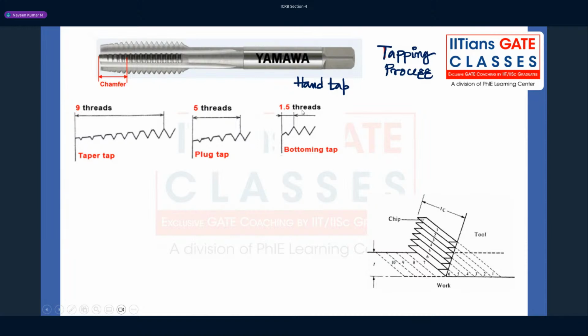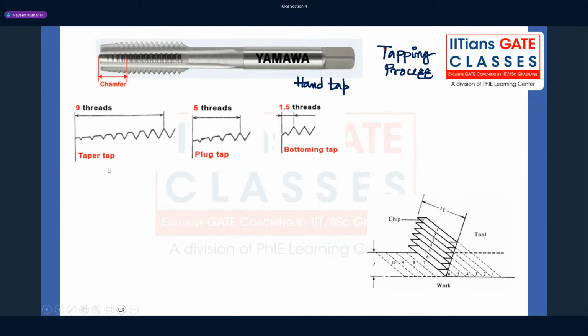So this can be a question: maybe they'll ask how many threads are there on the plug tap. When they are used can also be a question. The procedure progresses as taper tap, plug tap, and bottoming tap.